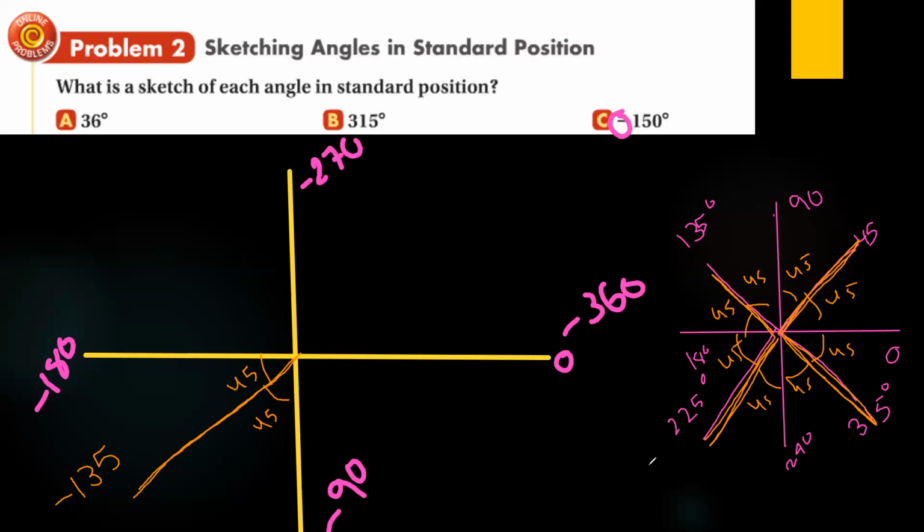And I need to draw now negative 150. Negative 150 is greater than negative 135. So this is the initial side here. And this will be here, the terminal side. So the angle will be negative 150.